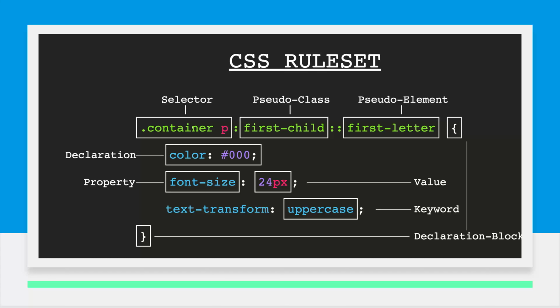How do I know that? Because if I put a dot and then write container, it means class container. So dot stands for class, and what comes immediately after, with no space between, dot container in this case, means I'll go to the document and look at all the elements that have the class we've named container.